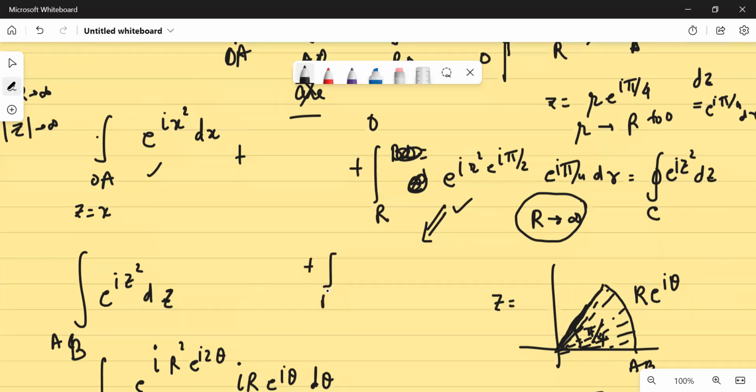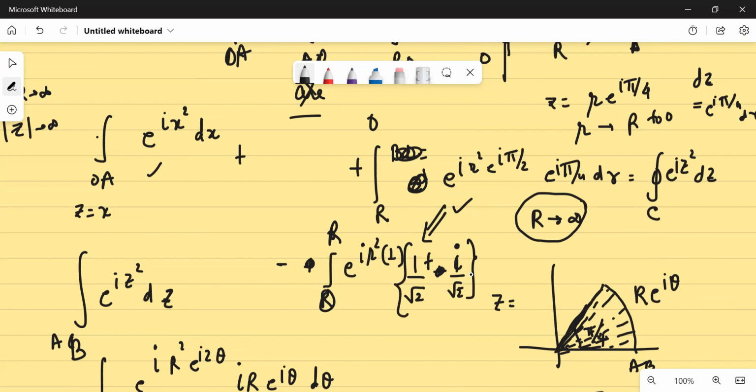So this is from R to 0. Instead of R to 0, write 0 to R and take a negative outside. You have e to the power iota r square. What is e to the power iota pi by 2? It is 1? What is e to the power iota pi by 4? That will be equal to 1 upon root 2 plus iota upon root 2.